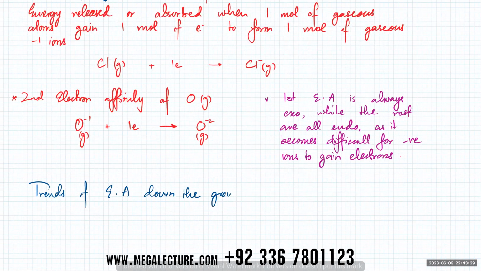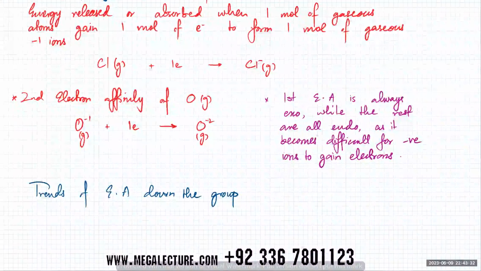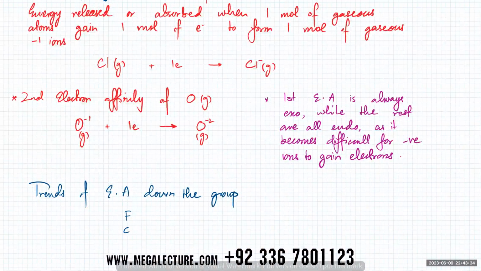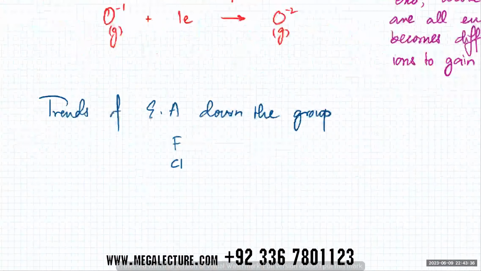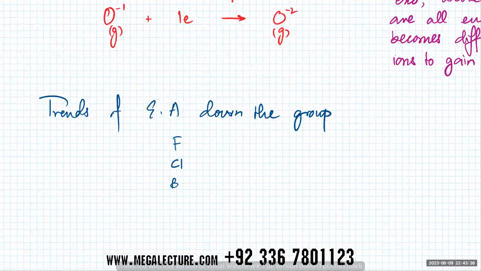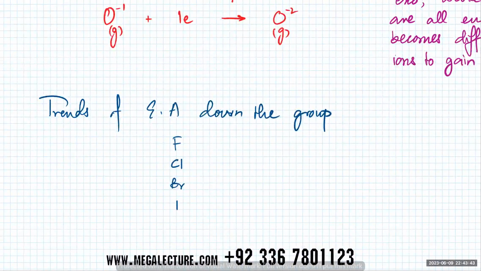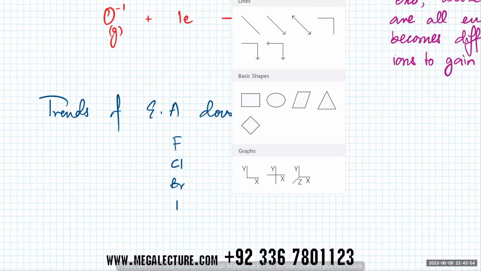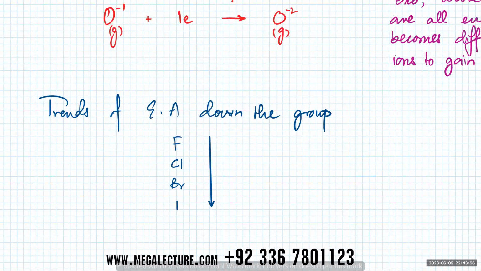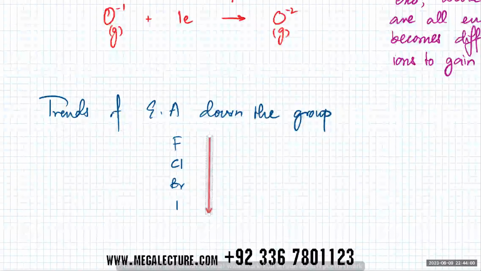What do you think is going to happen? Like chlorine, who really likes to gain electrons out of all these four elements? Iodine, remember, is a big atom. It's very shielded. So would it like to gain more electrons, or would it be very hard for it to gain electrons? Oh, it would be hard for it to.